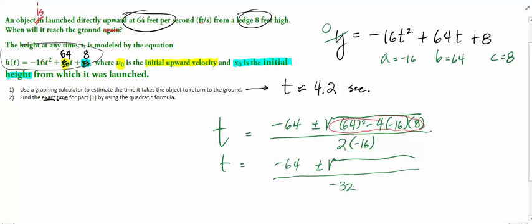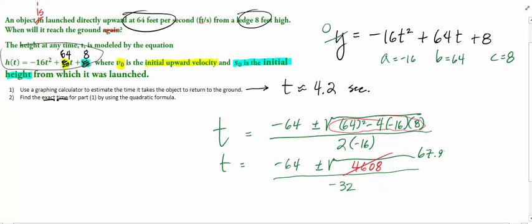I know that can't be a negative. If I end up with a negative underneath the radical, I've got a problem. So I know it's not going to be that. So I have 64 squared minus 4 times negative 16 times 8. I put that in my calculator and I just get 4608. Now I'm going to take the square root of that, and I'm going to get 67 point, roughly, 0.88, I'm going to call it 0.9.